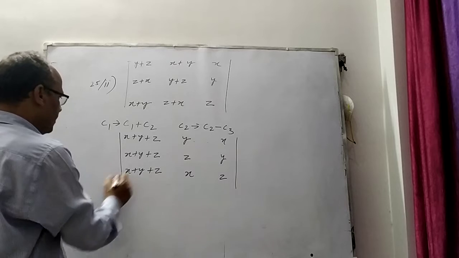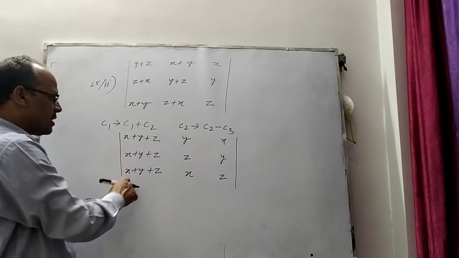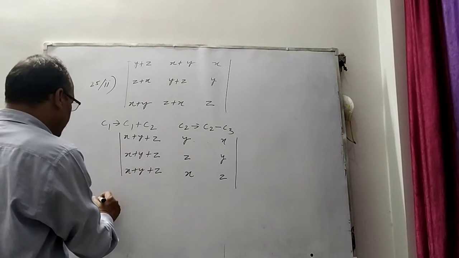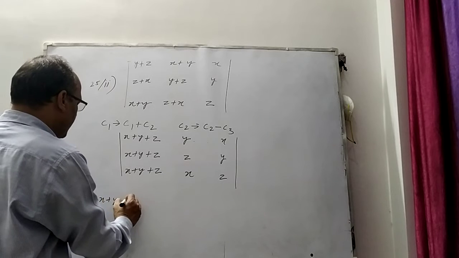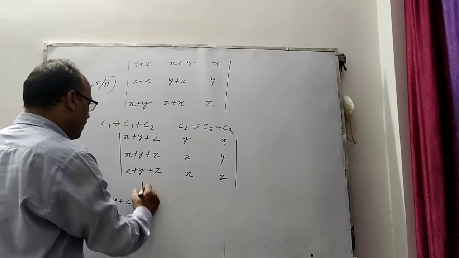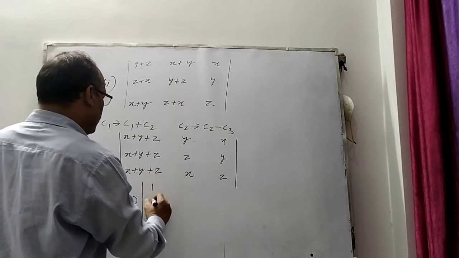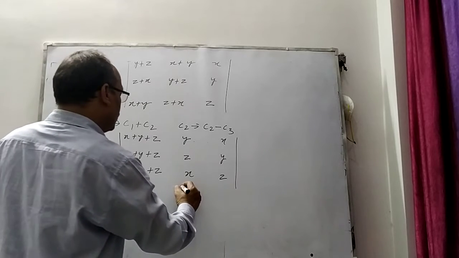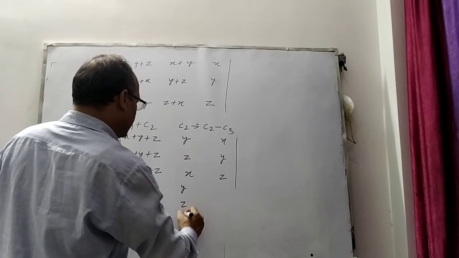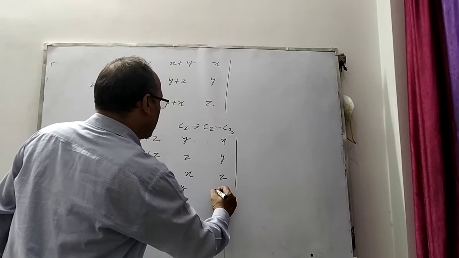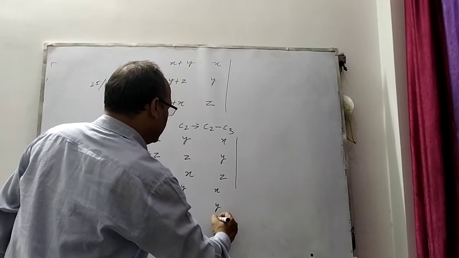What will be common here? From the first column, x plus y plus z is common.